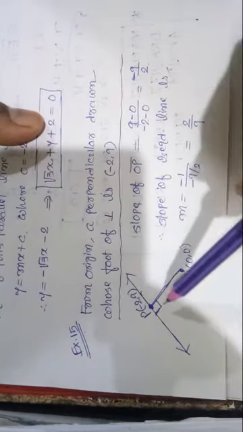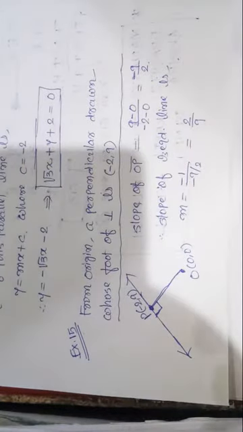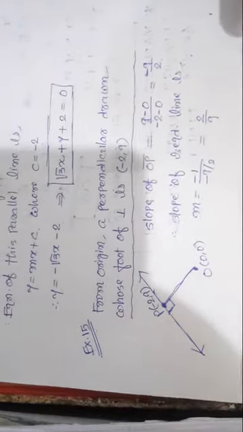Now it is very easy to find the equation of the line. This is the point-slope form, so let's write the equation of the line.